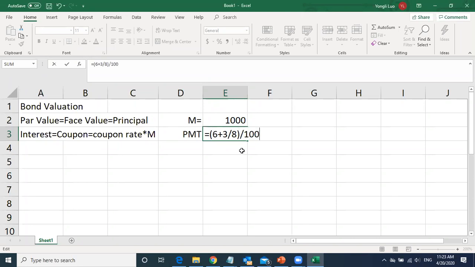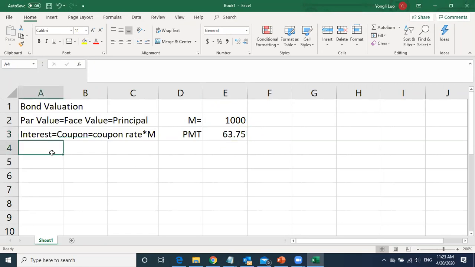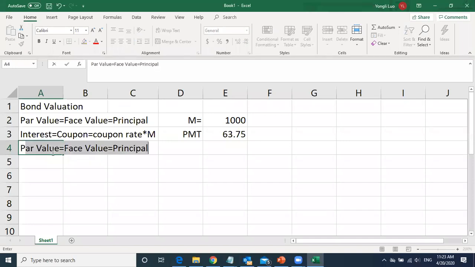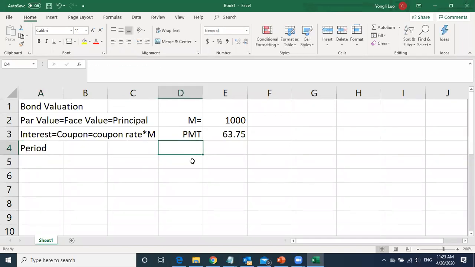We divide it by 100, that's a percent, and times the par value, that's going to be your coupon. So that's how you get to $63.75. That's your coupon payment. And then you have the period, how many years? The total number of time periods is 5 years.